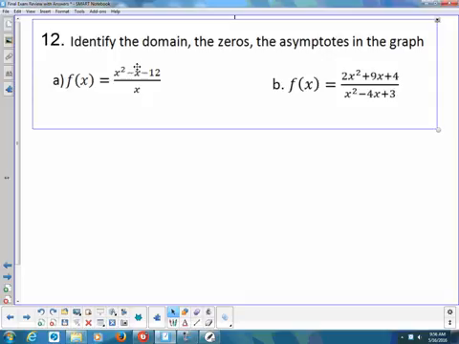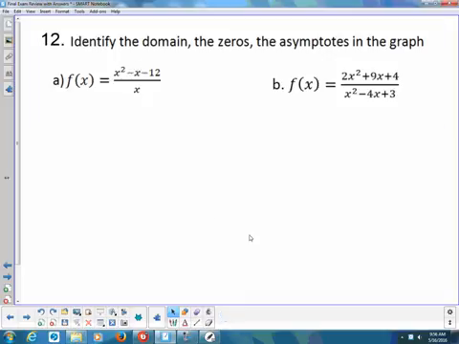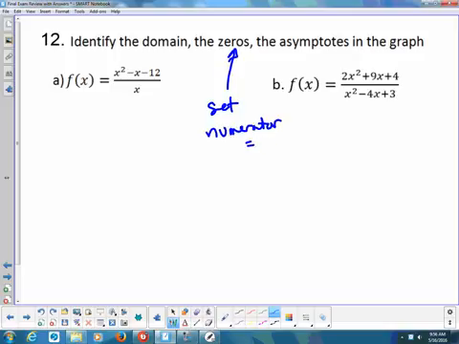Okay, we found the domain, let's talk about the zeros. In order to find the zeros, we need to set the what equal to 0. The numerator. We set the numerator equal to 0. And so in this case, we're going to factor this numerator. You do product sum, and this is going to factor into x here. I need a 4 here and a 3 here.